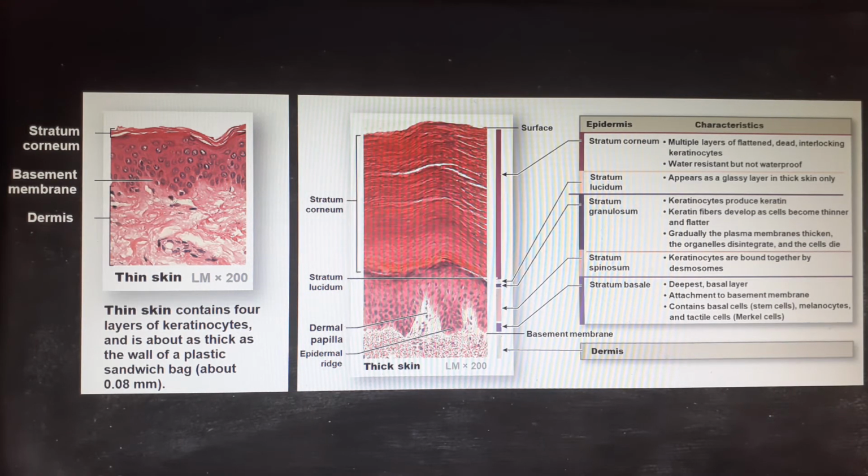This would be on the back of your hand, and this would be on the front of your hand, on your palm. So again, this starts way down here and goes all the way up. This is why it's called thick skin. We have a lot more of this top layer called the stratum corneum, and we have a new layer in here called the stratum lucidum. Now, this is giving you those layers and their characteristics. I'm going to explain them as well in this PowerPoint, so I'm not going to go into them right this second.